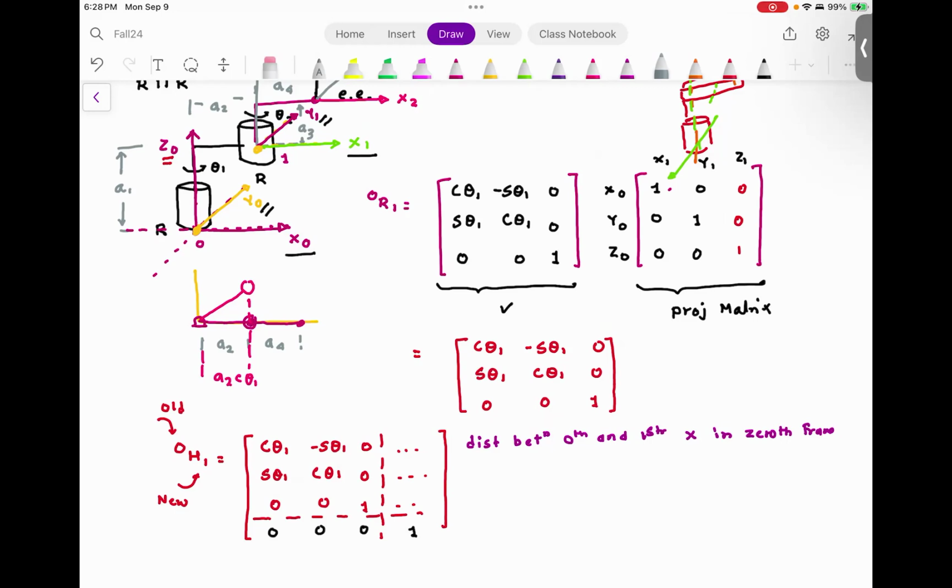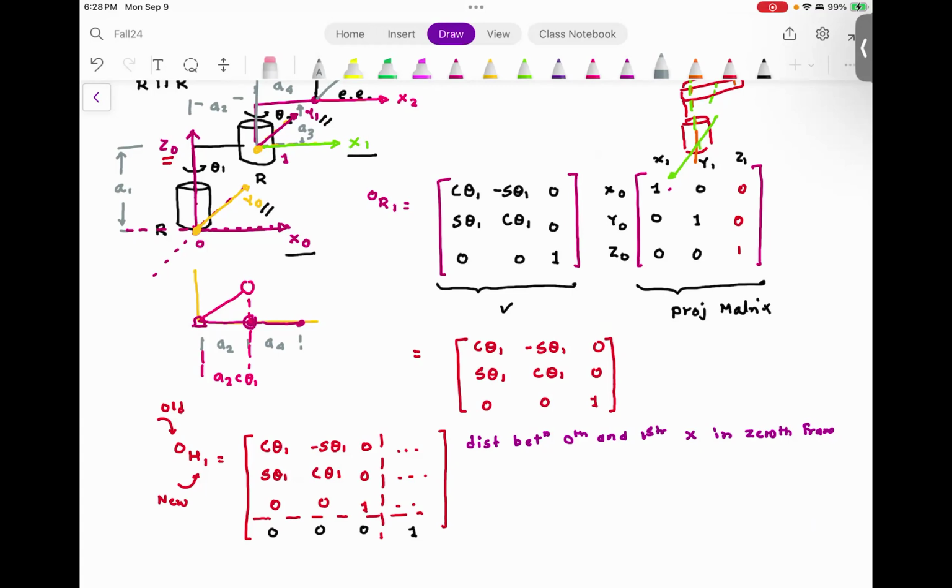Which means I need to find how far the first frame is from the zeroth frame around x naught, y naught, and z naught. And those relationships should be valid no matter what the joint angle is, whether theta 1 is 0, 90, 180, 370, whatever it is.